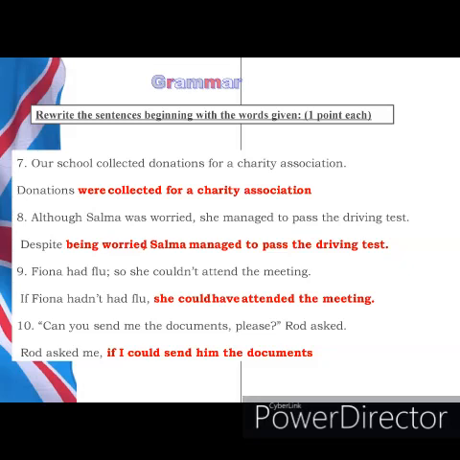And although and despite, okay, we can use them, okay, as what? As conjunctions, as we can use them like subordinators. So although هنا خدمنا subordinator, okay, although Selma was worried, she managed to pass the driving test.